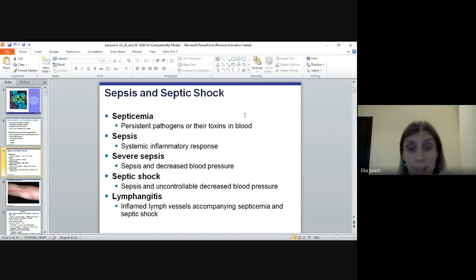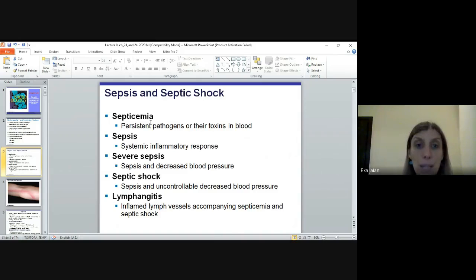When there is a systemic inflammatory response, very often we have an abnormal immune response leading to systemic inflammation, leading to vasodilation and increased permeability of the blood vessels. It leads to a drop in blood pressure.